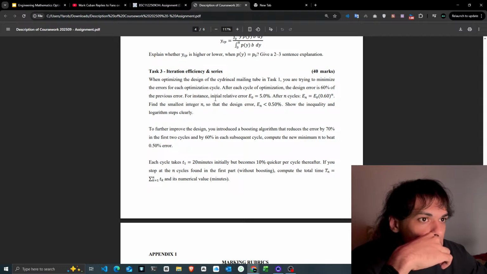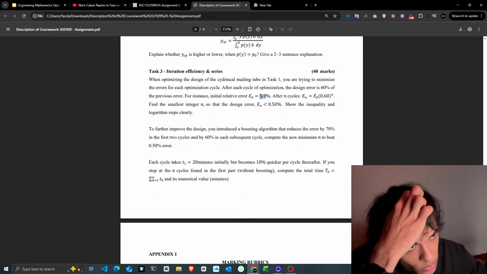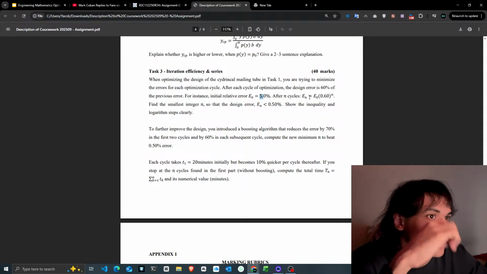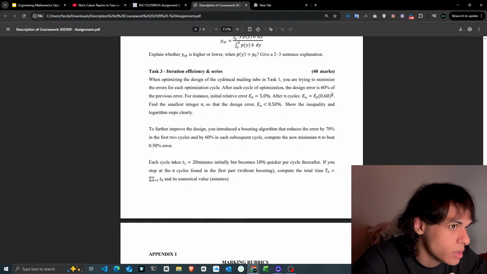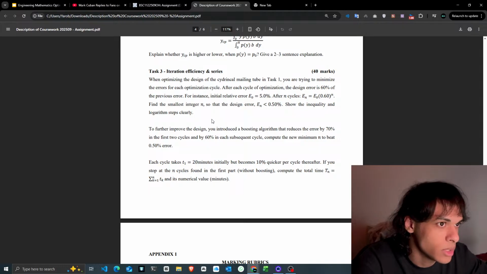For instance, initial relative error is 5%. After n cycles, E_n is E naught multiplied by 0.60 to the power of n, the number of cycles. Okay, I don't know how many cycles.